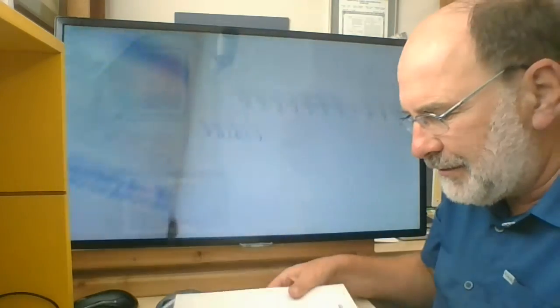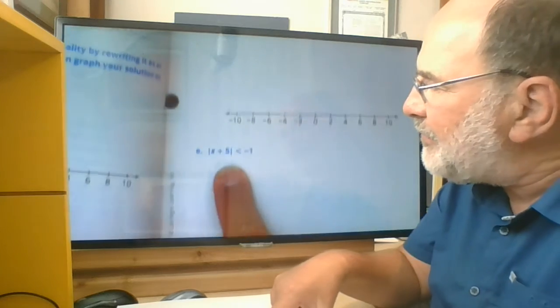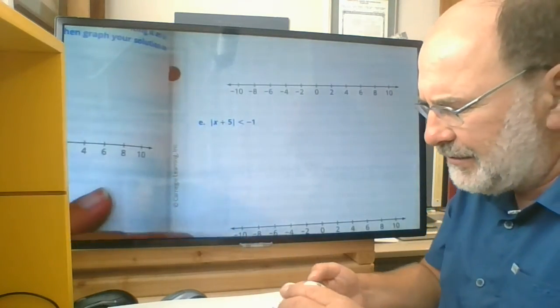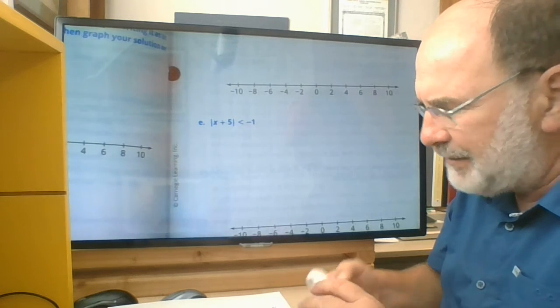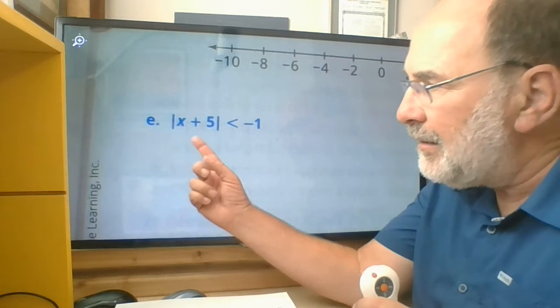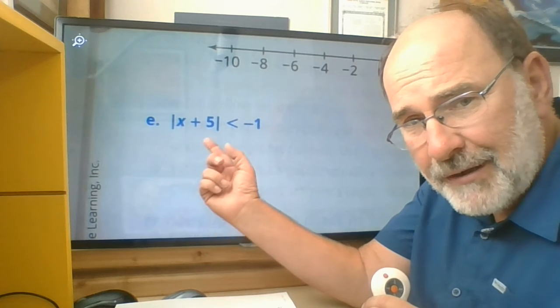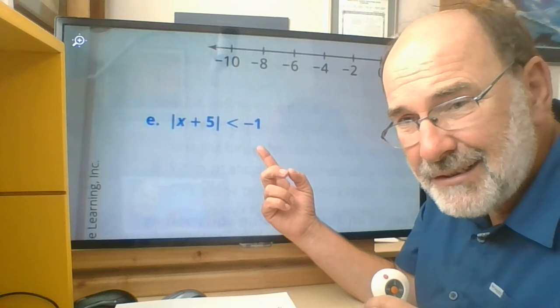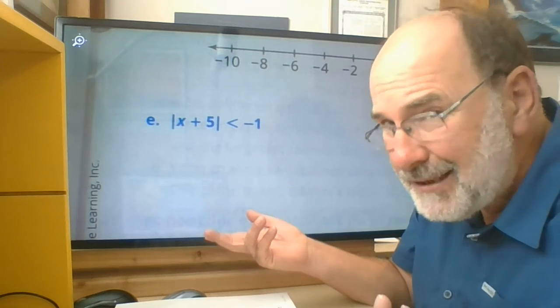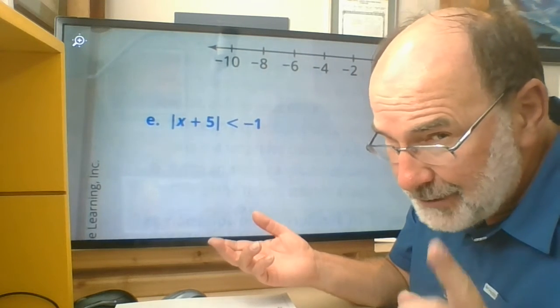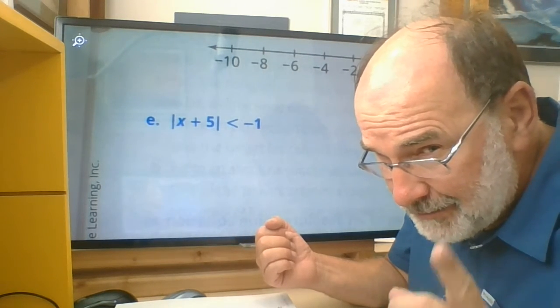In fact, in a previous video, I hit the same problem. Here it is written in the book. The absolute value of the expression x plus 5, strictly less than -1. Well, the thing of it is, absolute value can never be negative. It can be 0, it can be greater than 0, but it can never be less than 0.